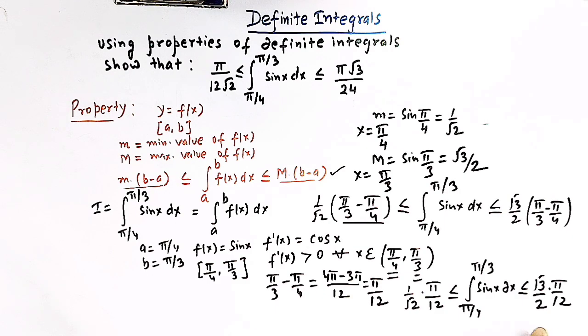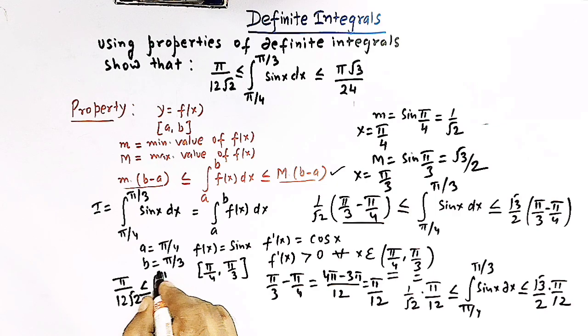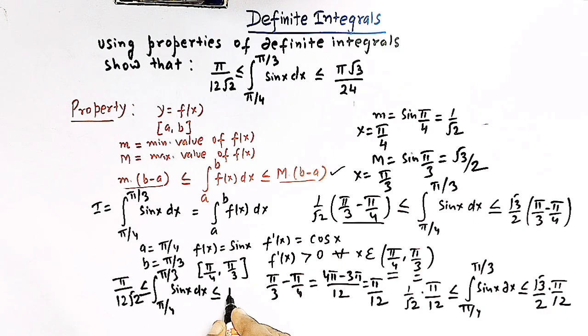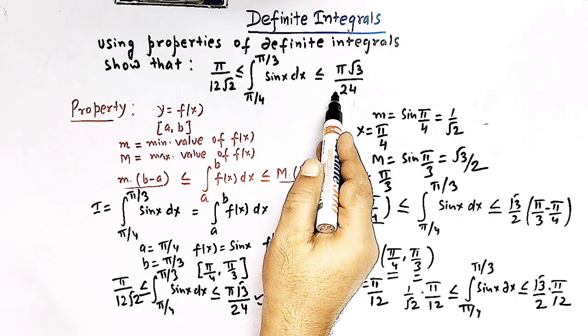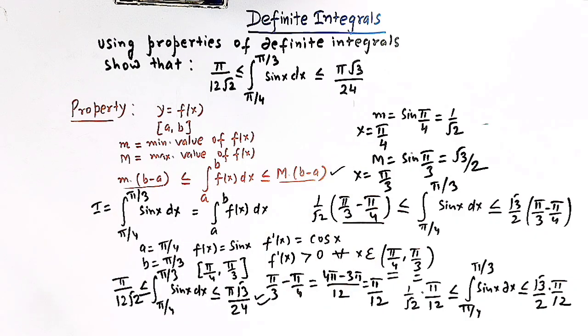So solving these two terms, we can now write pi over 12 root 2, and here we have the integral pi by 4 to pi by 3 sine x dx, and here we have pi root 3 over 12 times 2 is 24, and this is our required inequality which was to be established.